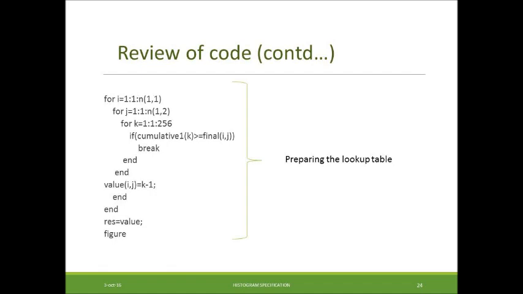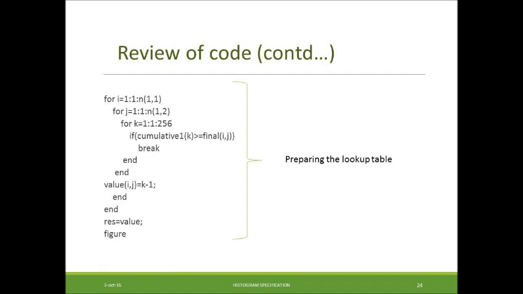Now the third level is the crucial step, as we have already seen, the preparation of the lookup table. For preparing the lookup table, we need 3 for loops. Instead of 8 levels, here we are using 256 levels. Hence, the value from capital HX to capital HZ is to be compared with all the 256 levels. And when the value is closest, we will break the loop and map the corresponding I in capital HX with J in capital HZ.